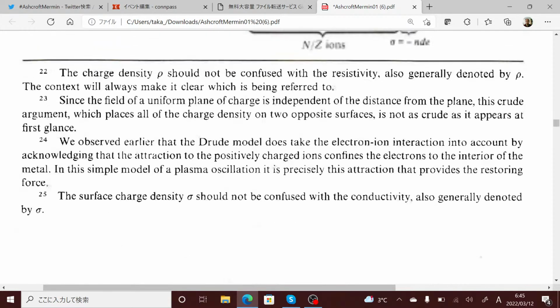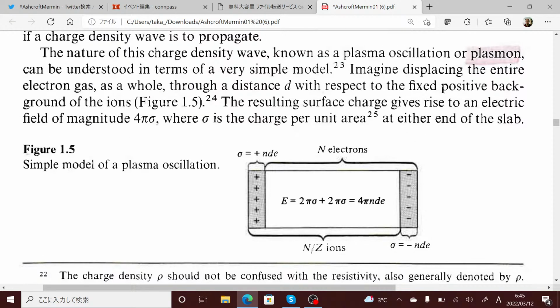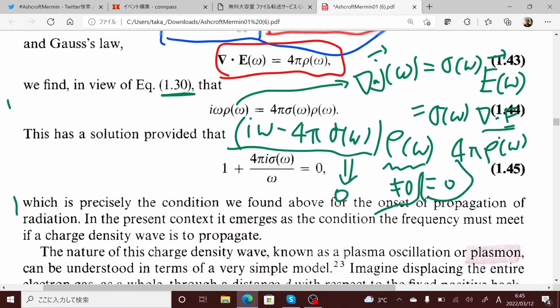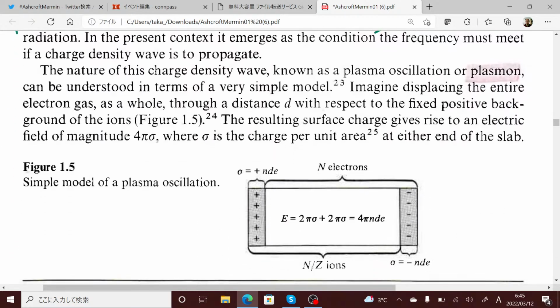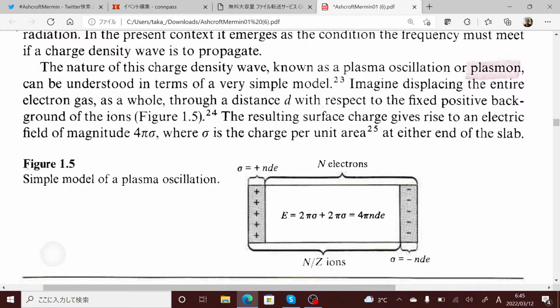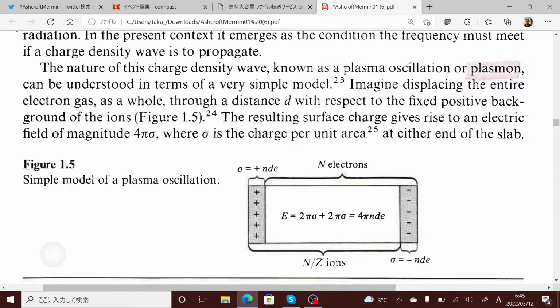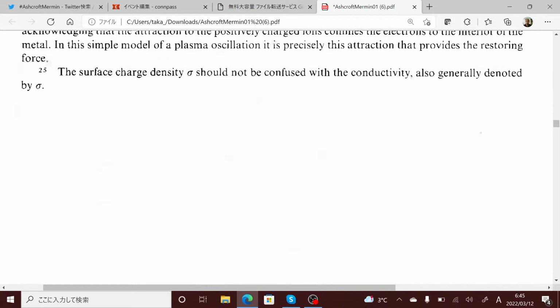I don't know how we can build this equation. Electric field of 4 pi sigma.